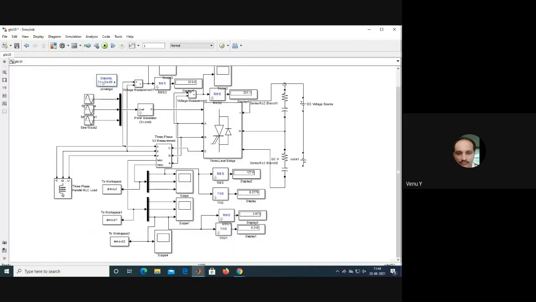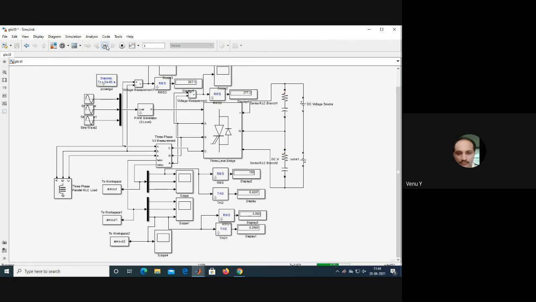Let us connect this one, voltage source, DC voltage source, and simulate. Anyhow, this is very important.